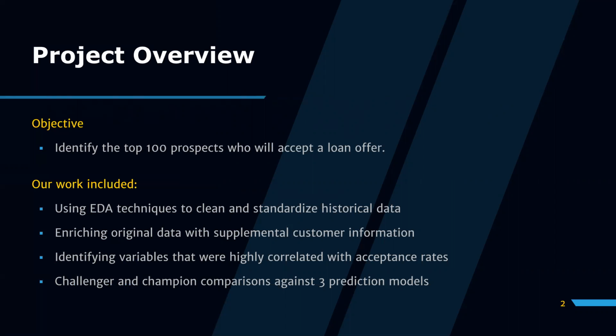We then enriched that data with supplemental customer information to create one large set of data. We then identified variables that were highly correlated with acceptance rates of these loans using correlation plots. And then we created multiple models to challenge each other, and we were able to identify the most optimal model for predicting those top 100 prospects.